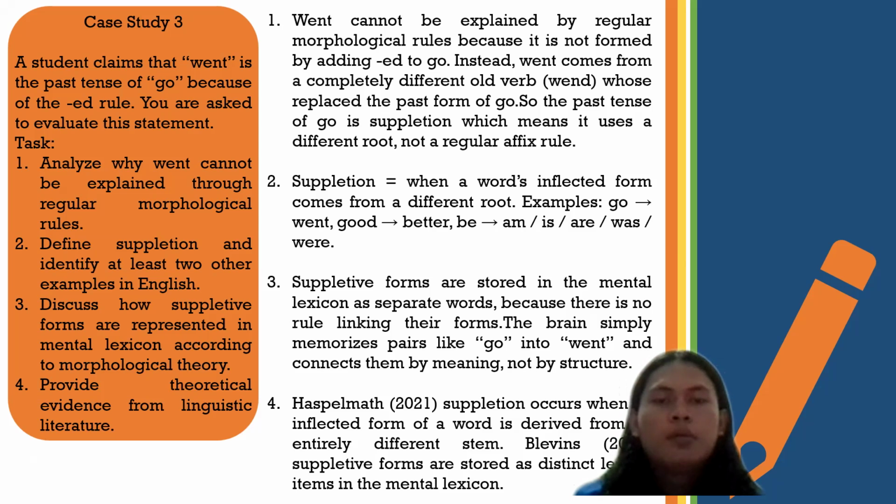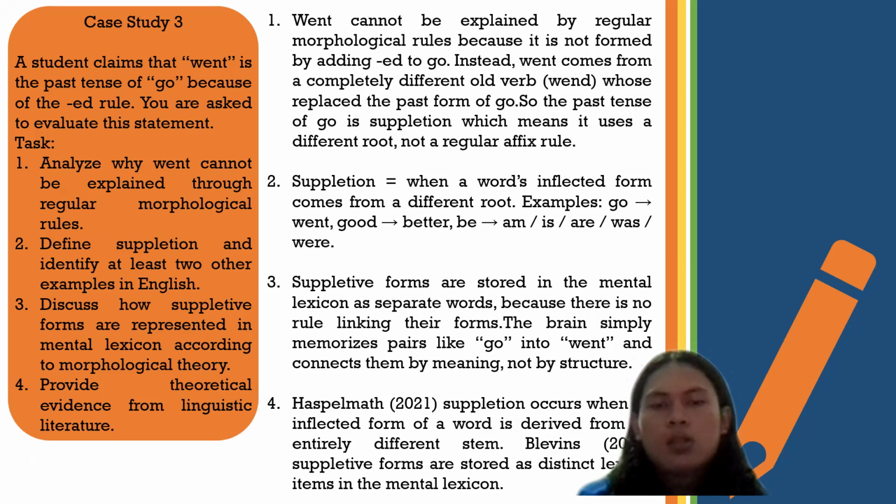And three, suppletive forms are stored in the mental lexicon as separate words because there is no rule linking their forms. The brain simply memorizes pairs like go and went and connects them by meaning, not by structure.